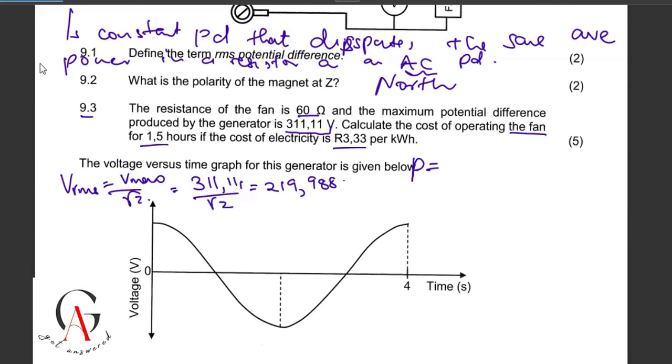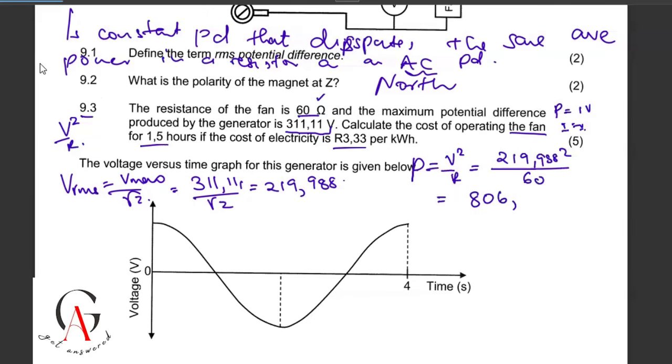Power, if we use resistance and the voltage, is going to be V squared over R, because power is IV, and we know that the current is V over R. So it's going to be 219,988 squared divided by 60. It gives me 806,578 watts.